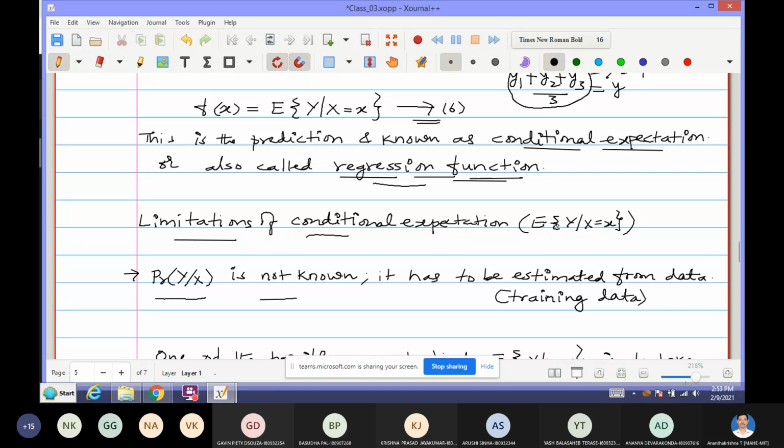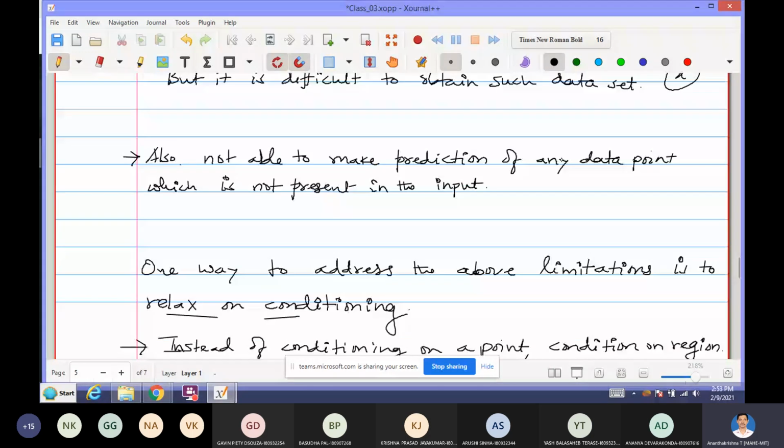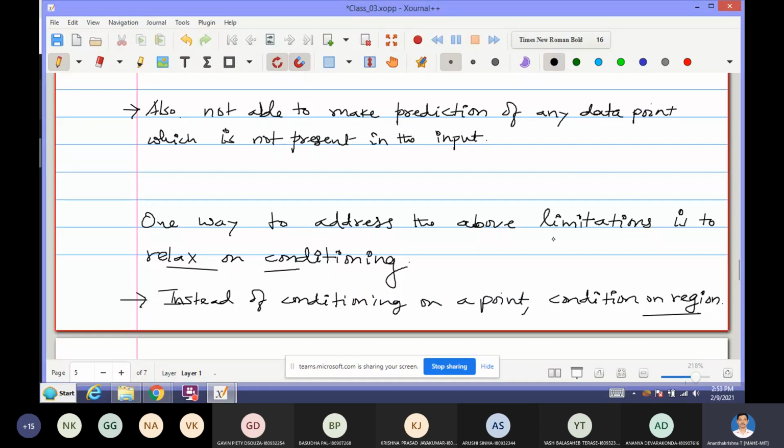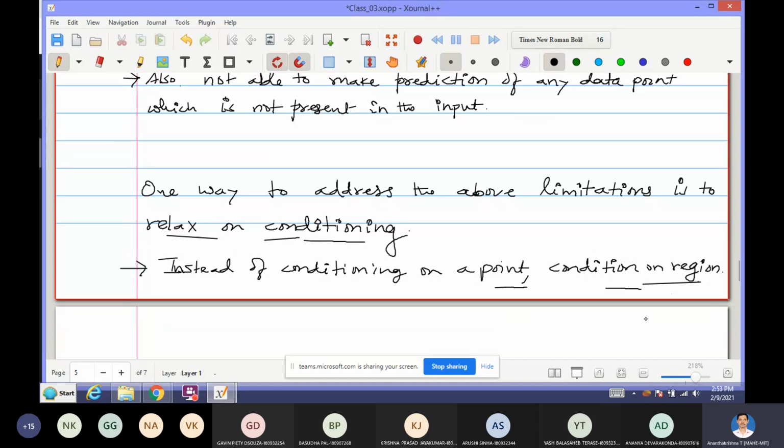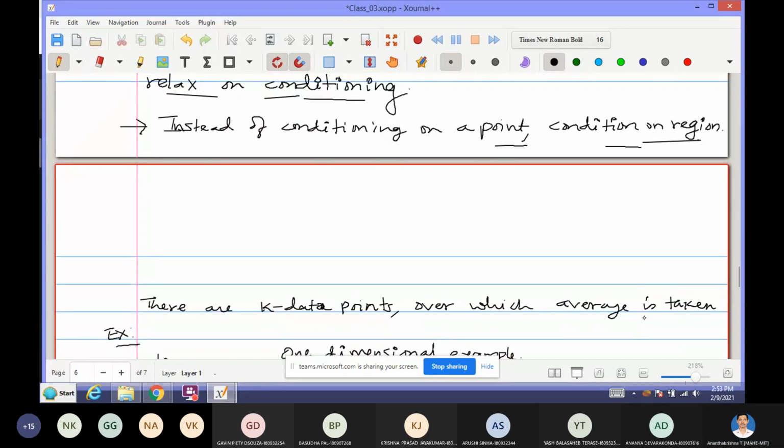So in order to avoid the problem of data availability, one way to address the limitation is to relax the conditioning here. Instead of conditioning on a point, you try to condition on a region. There is a query point x, and this comes back to our k nearest neighbor.